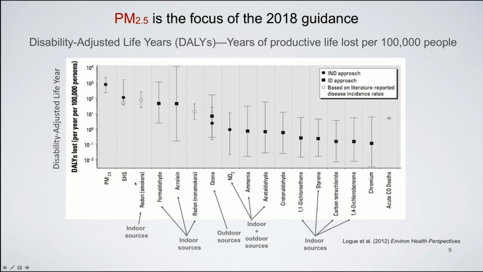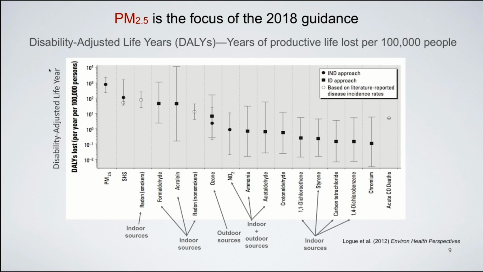On the y-axis is the disability-adjusted life years, or DALYs, where one DALY is equal to the number of years of life lost due to premature death, plus the number of years lost due to illness that results in disabilities. So it combines both the people dying prematurely and people being unable to live their lives as fully functioning adults into one metric so that you can compare across a number of different contaminants.